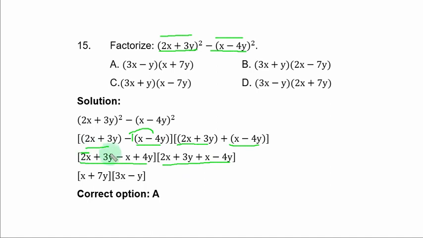Now 2s minus s, you have s. 3y plus 4y, you have 7y. If you come here, 2s plus s, you have 3s, and 3y minus 4y, you have minus y. So A is the correct option.